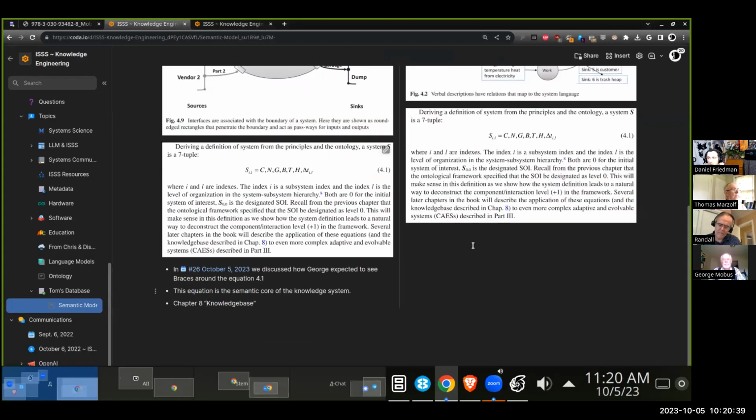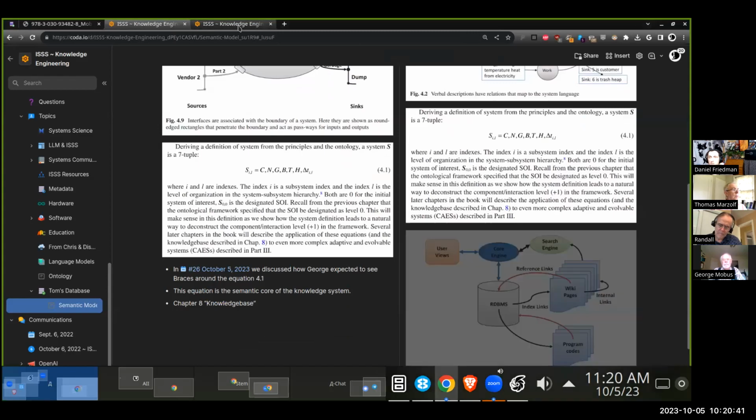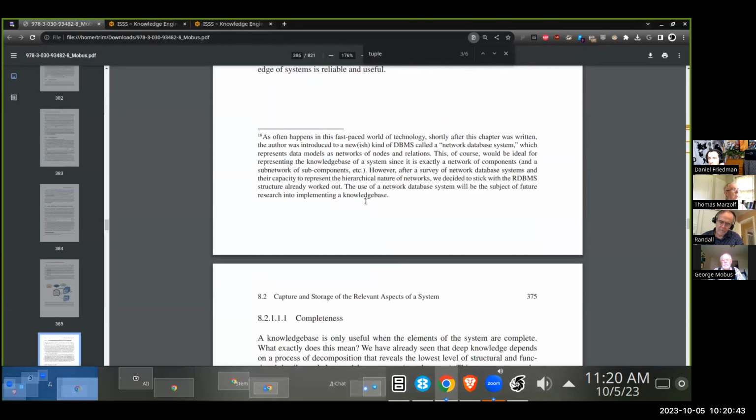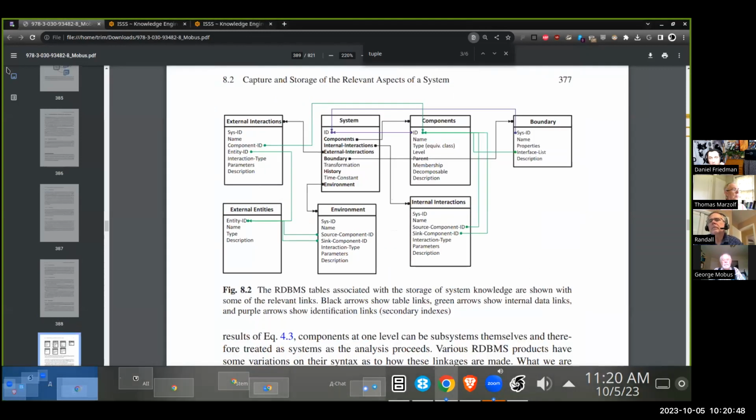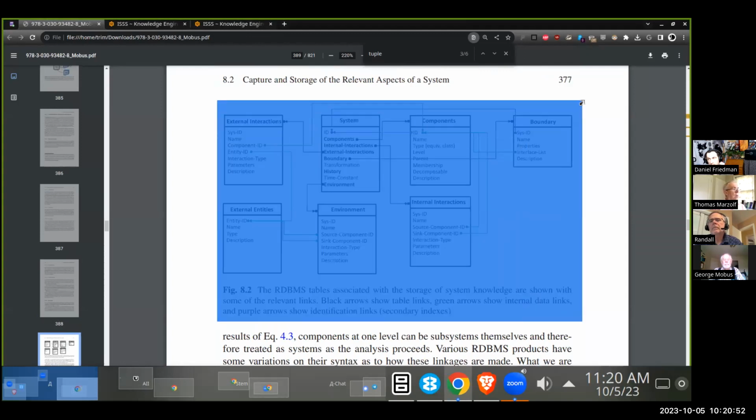Okay. This is definitely relevant. For example, perhaps this scheme to Tom's database.